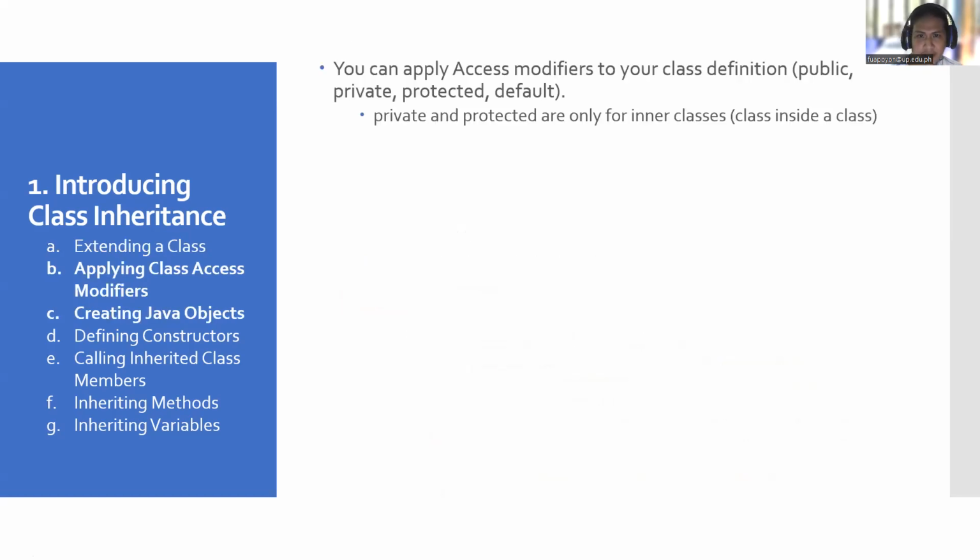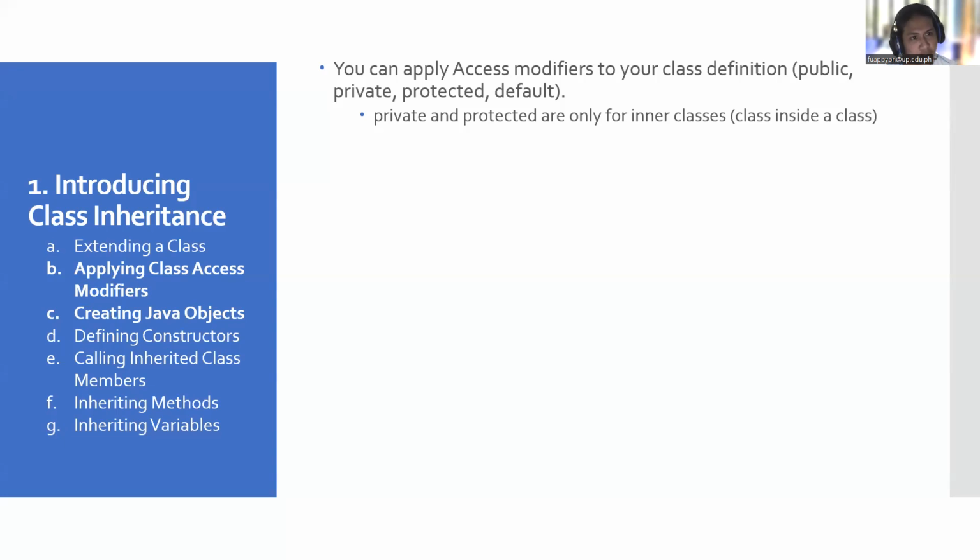Okay, let's proceed. Applying class access modifiers to your class, no? So you can apply your public, private, protected, or default class access modifiers. However, your private and protected classes are only for your inner classes, which I don't think we will discuss.